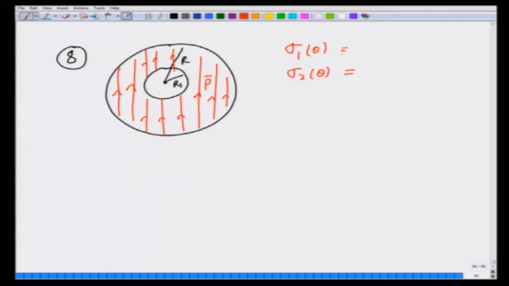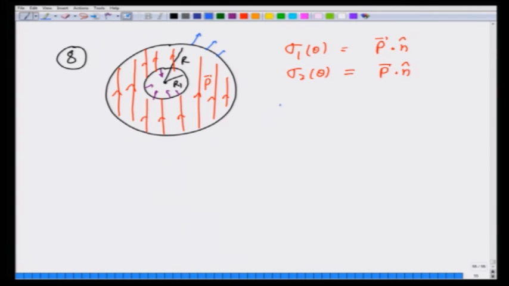We know bound surface charges are nothing but P dot the normal. The normal on the inner surface is pointing inside, because normal is away from the volume, and on the outer surface the normal is pointing out.